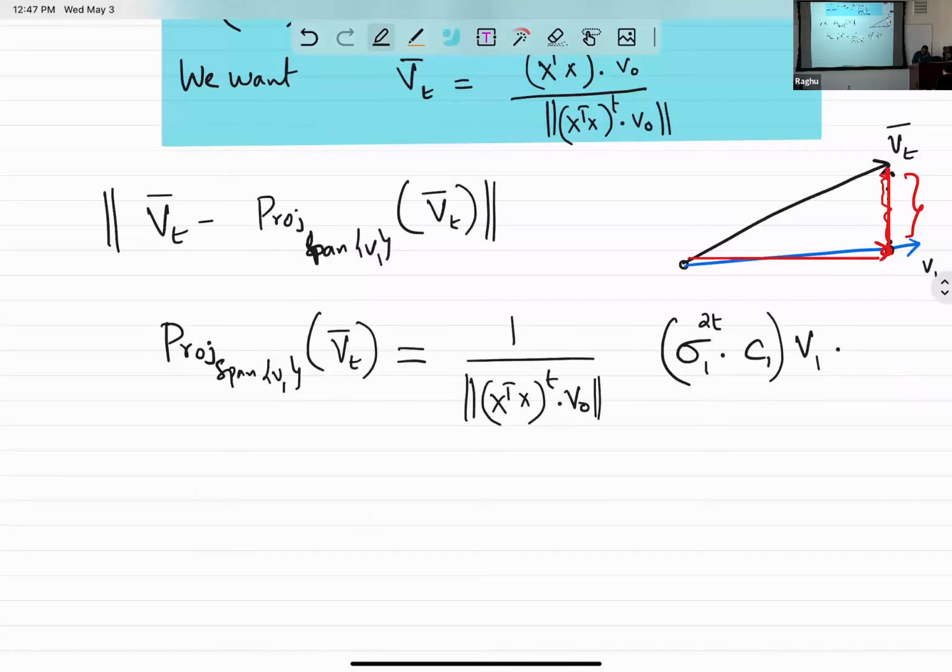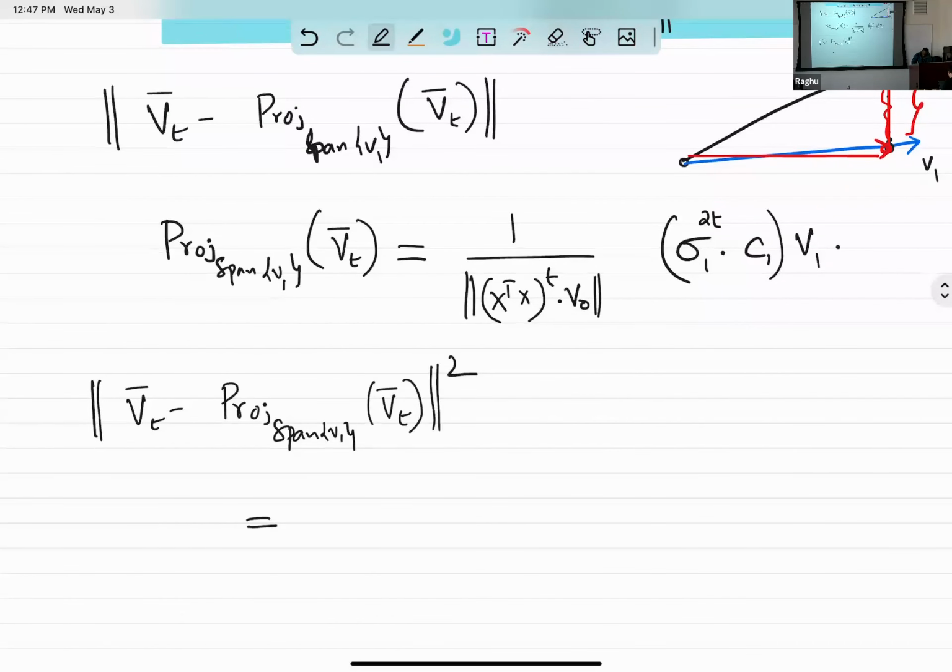So we know exactly what the projection is, and then we can do some arithmetic to compute this length. All right. So it's easier to work with the square, and the normalization term, let's just keep it outside.